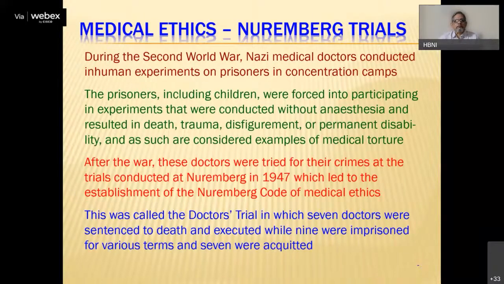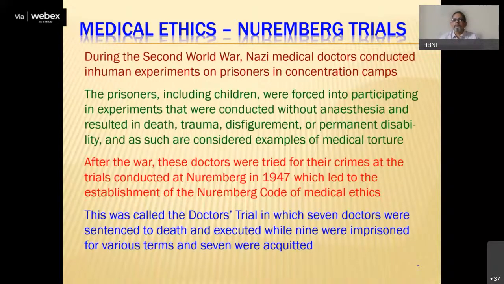And these trials on the doctors actually led to the establishment of the first formal code of conduct for medical ethics. This trial was called the doctor's trial, in which 7 doctors were sentenced to death and executed, while 9 doctors were imprisoned for various terms and 7 were acquitted.